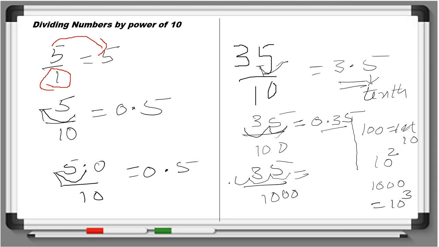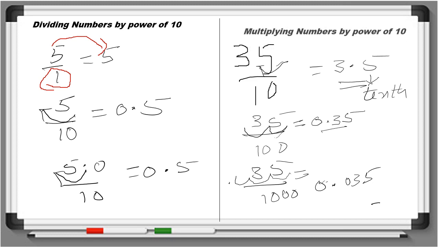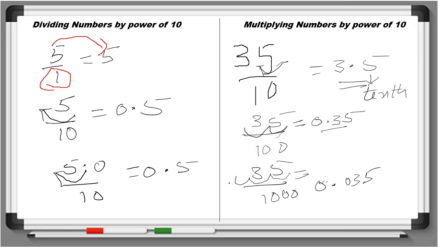Here I will take 0, and I will write 0.035. I will erase this because there will be confusion. So if I divide 35 by 1000, what happens?